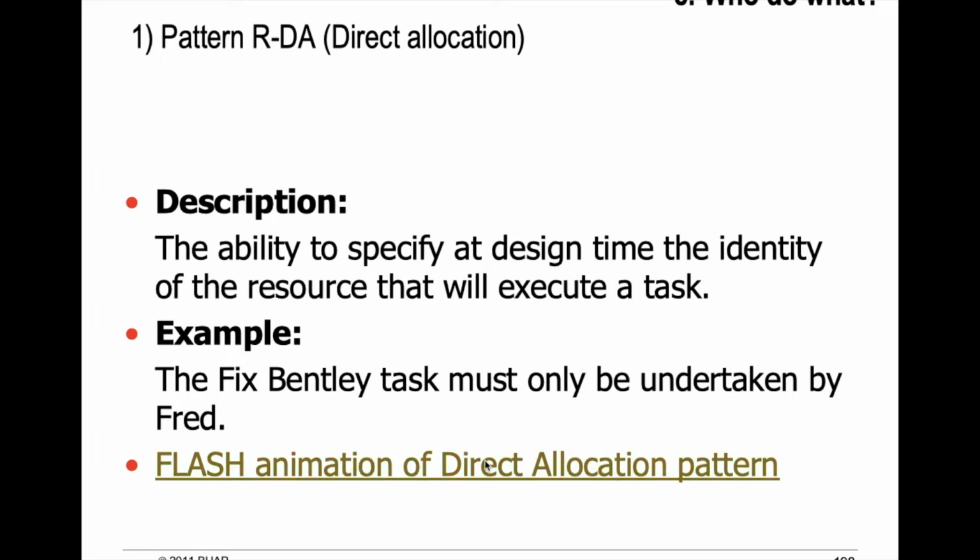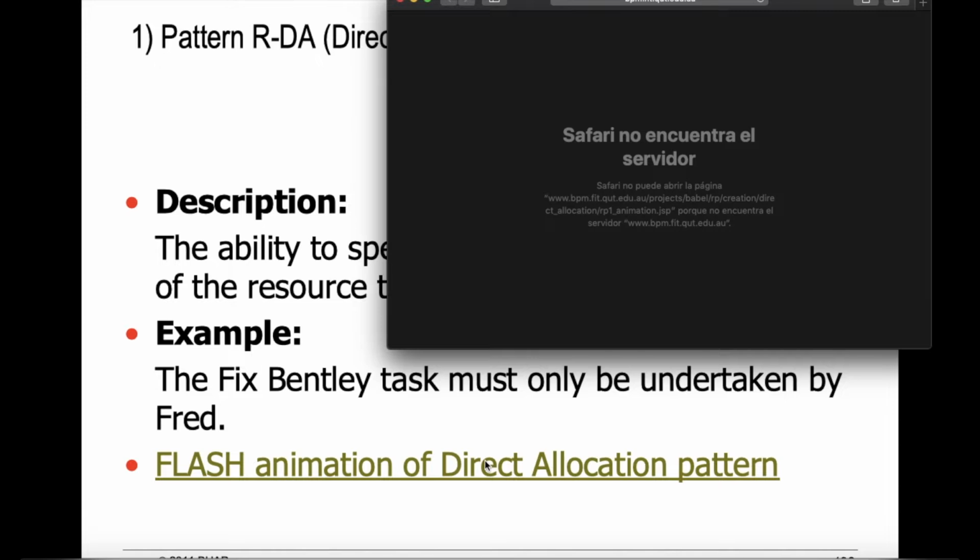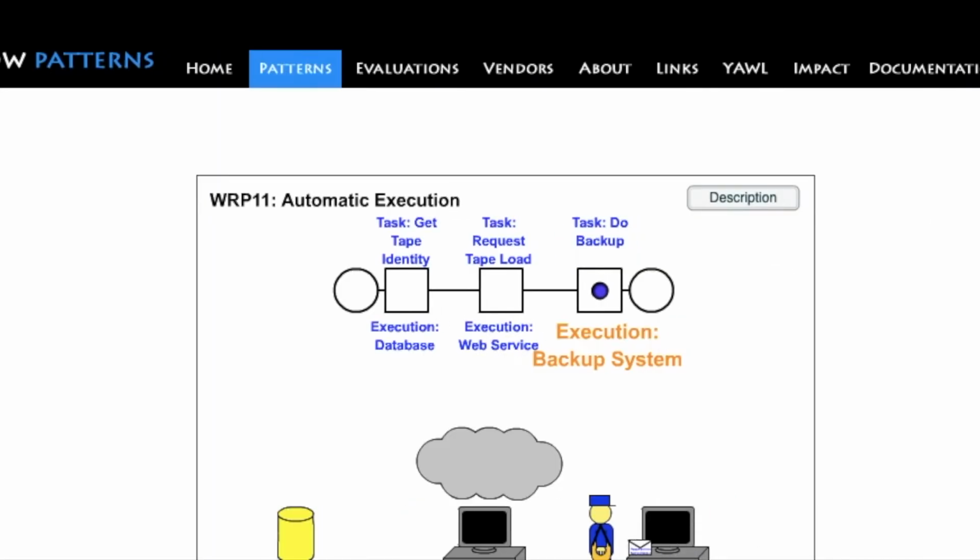Let's see the examples. The direct allocation is related to knowing in advance who is going to be in charge of this activity. So this is a process model with different tasks, for instance get tape identity, or request tape load, and so on, to backup.